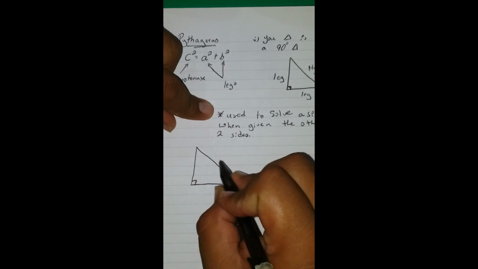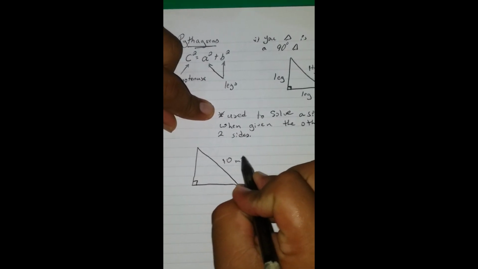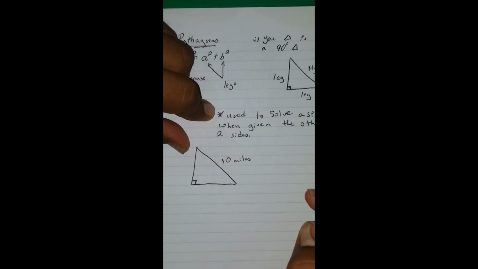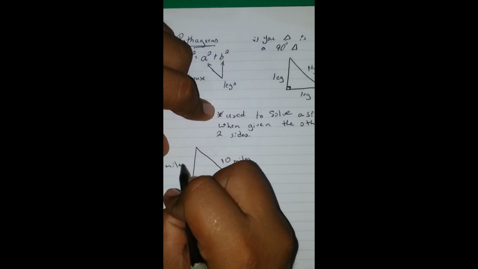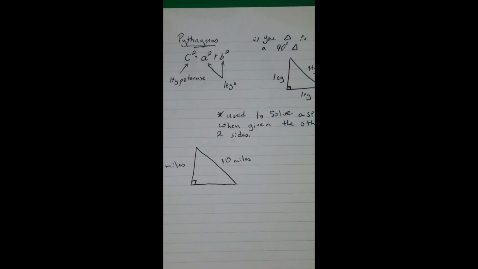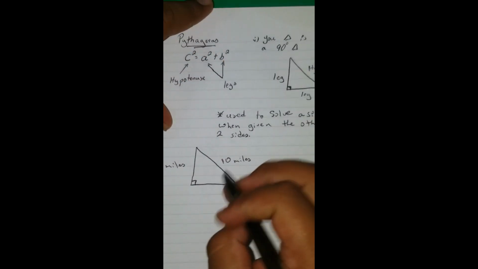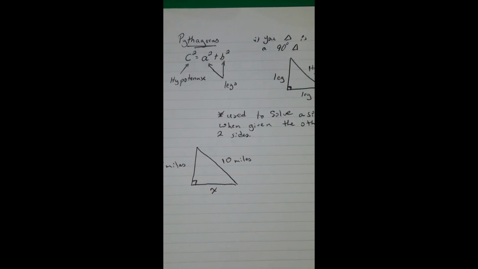Let's say that this is going to be 10 miles, and that this side is going to be 8 miles, right? And then it says determine what is the length of the other leg, or find the value of x. That is what we have.